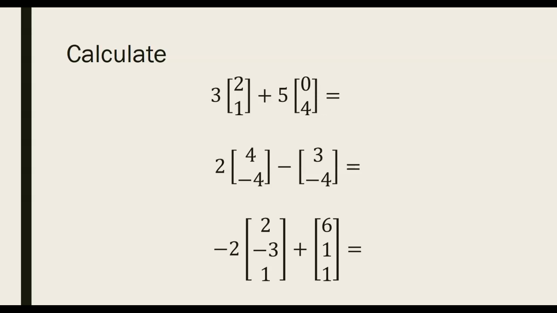You can put scalar multiplication and addition together and make bigger and more complex problems like these. So I want you to take just a couple of minutes and try these. You should push pause on the video and then try to add and subtract these vectors along with the scalar multiplication, and then I'll show you how to do that.